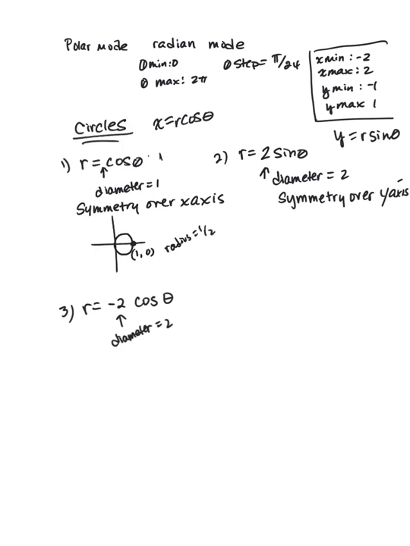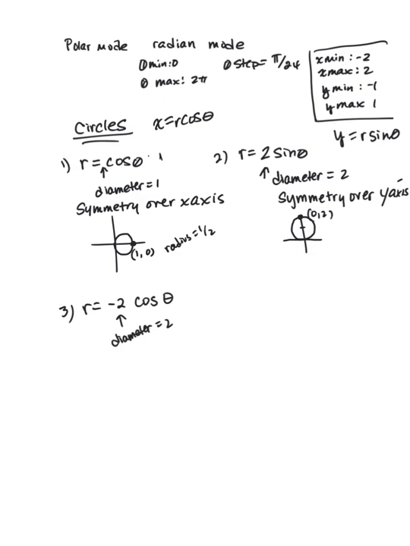Keep that in mind. It's going to be symmetric over the y-axis, and you're going to have a diameter of 2. So let me go up to 2 here. 1, 2. So this point is 0, 2.